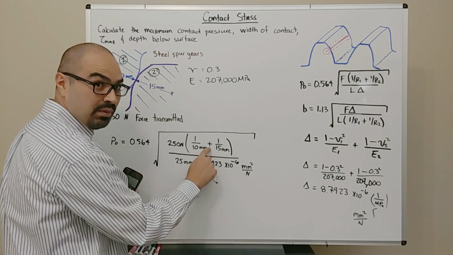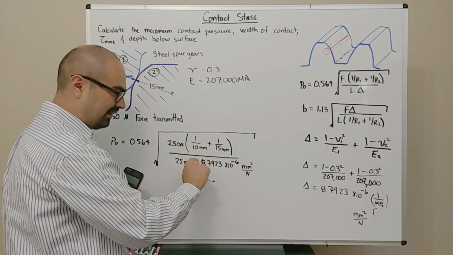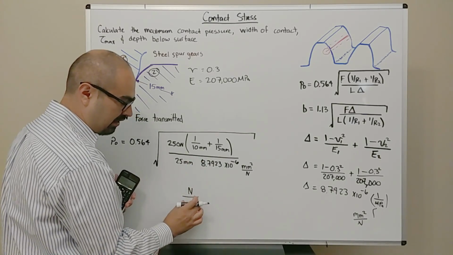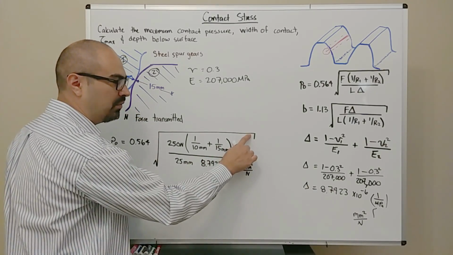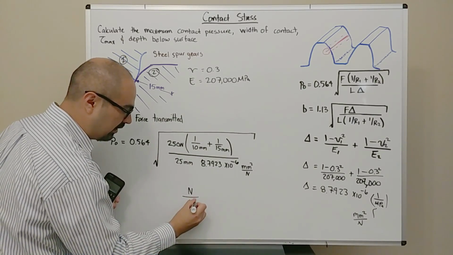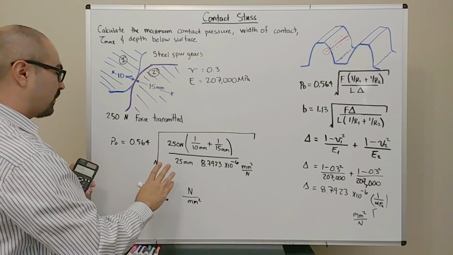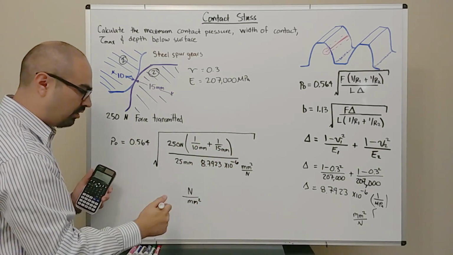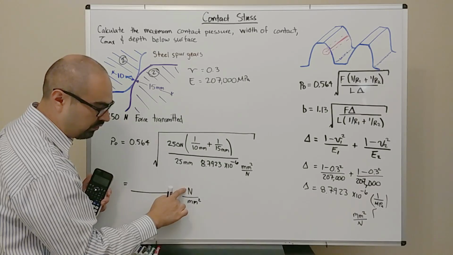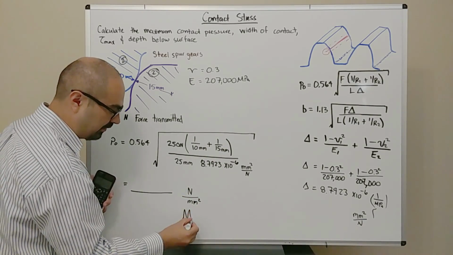And remember, we have this millimeter unit up on top, but it's in the denominator, so we multiply that again. So we have 2, 3, 4. The bottom is going to have millimeters to the fourth. However, we're taking the square root of that, so it's going to give us back just millimeters squared, right? So whatever numbers we type into the calculator, the number that we get is going to be in newtons per millimeter squared, which is the same thing as a megapascal.